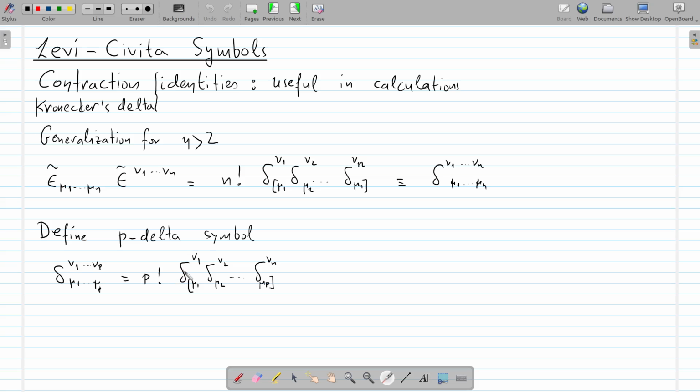So we write here products of deltas. It has p factors. The upstairs indices are nu1 through nu p. Sorry, this is a typo here. And here we have nu1, nu2 through nu p. So when p is equal to n, you see that this expression here is equal to the n delta symbol.